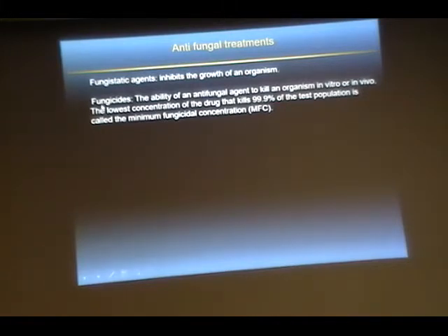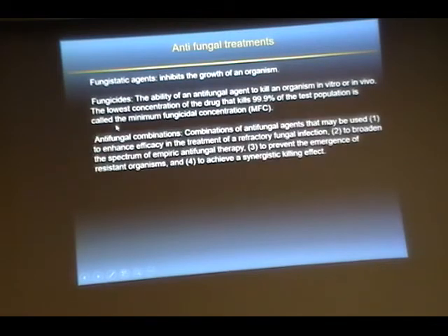So these are fungistats or fungicides, and most commonly, a combination of these agents are used to treat fungal infections. The problem is there's a lot of antifungal resistance going on, which is why people try to go in for more of immunotherapy than using these combinations, because these fungi become very resistant to a lot of antifungal treatments.